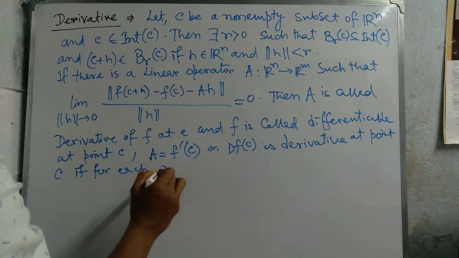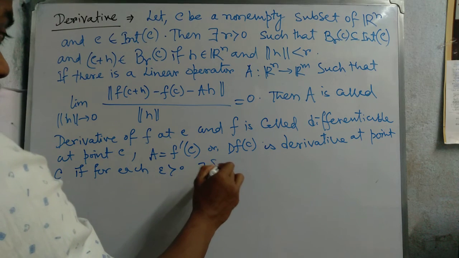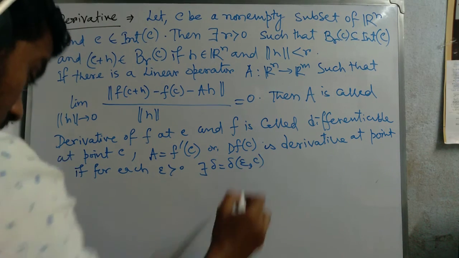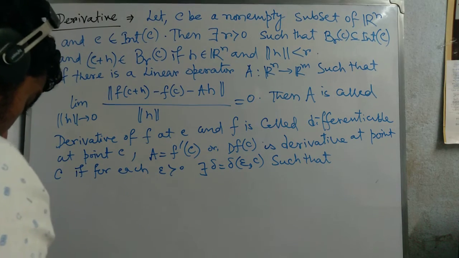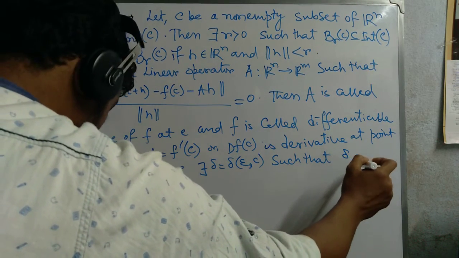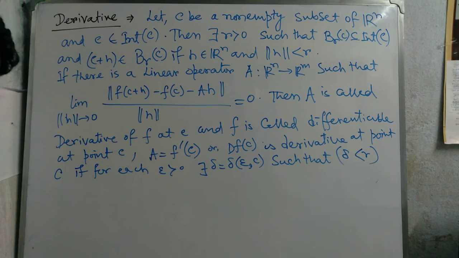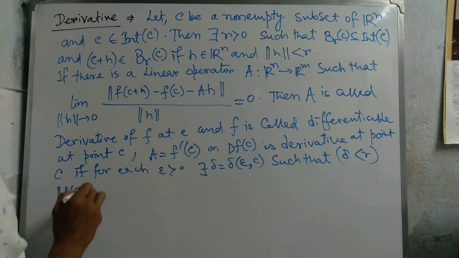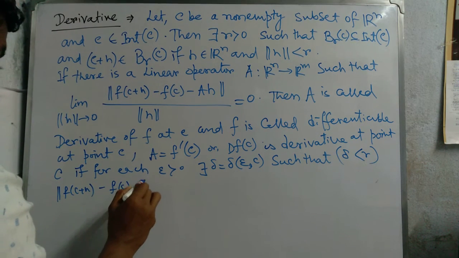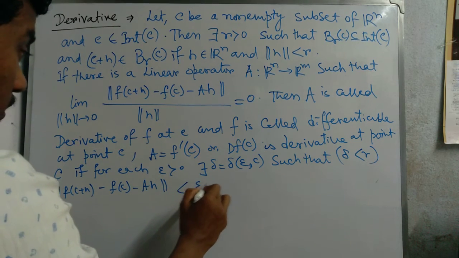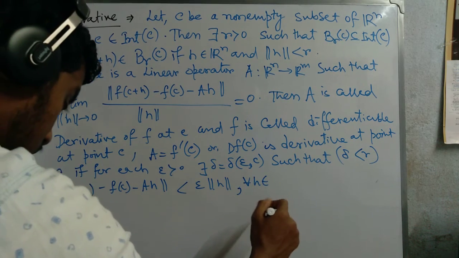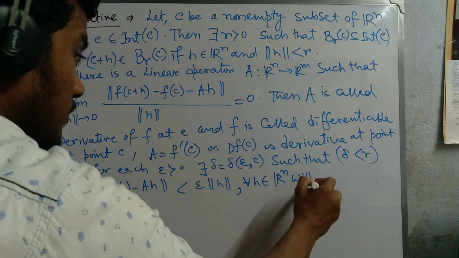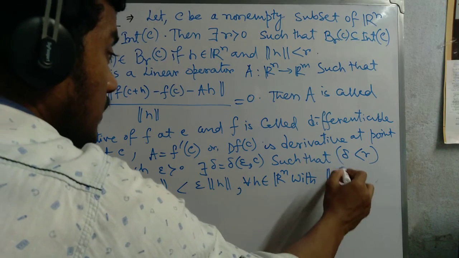if for each epsilon greater than 0, there exists delta(epsilon, c) less than r such that norm of f(c + h) minus f(c) minus Ah is less than epsilon norm of h for all h belongs to Rn with norm of h less than delta.